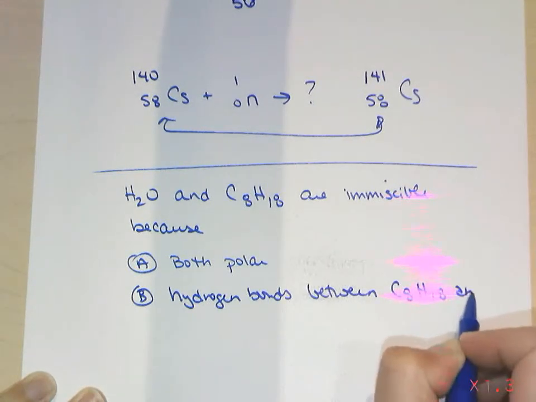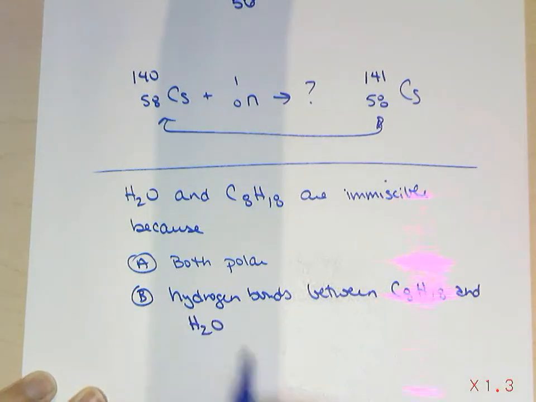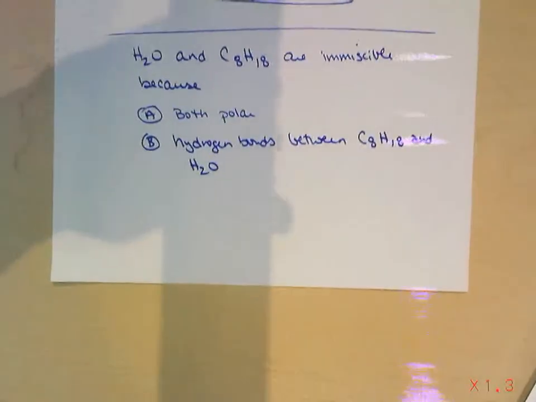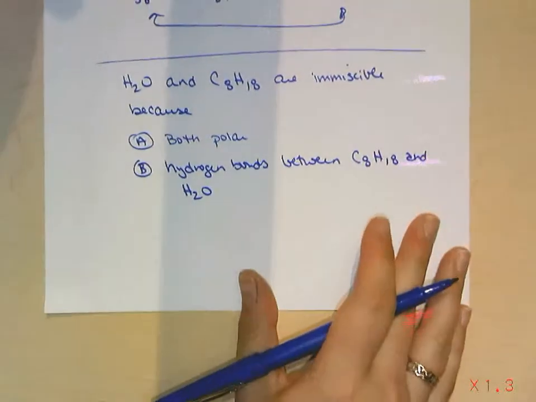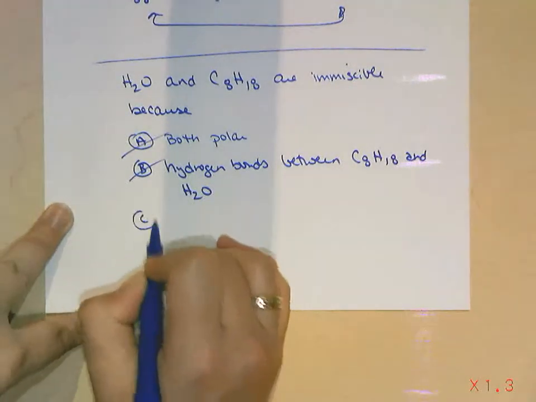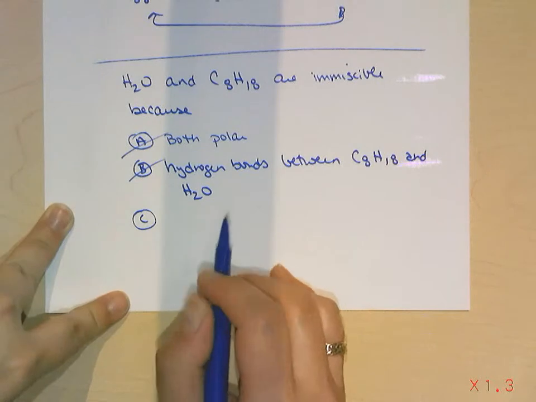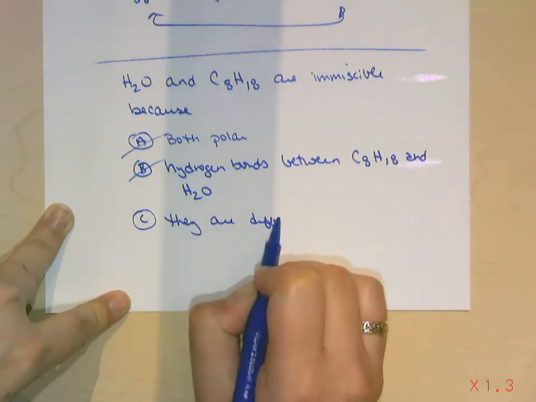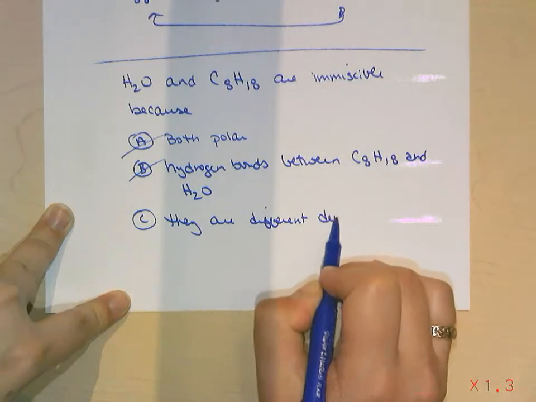No, what's wrong with that? What do you have to have when you do hydrogen bonding? Right, you have to have something electronegative stuck to it. Okay. What about, what if they're just different densities?